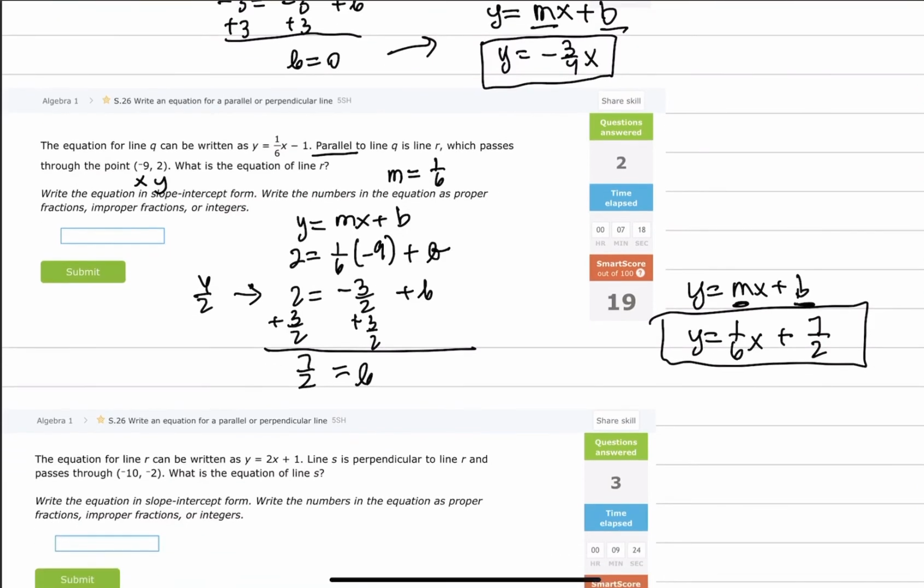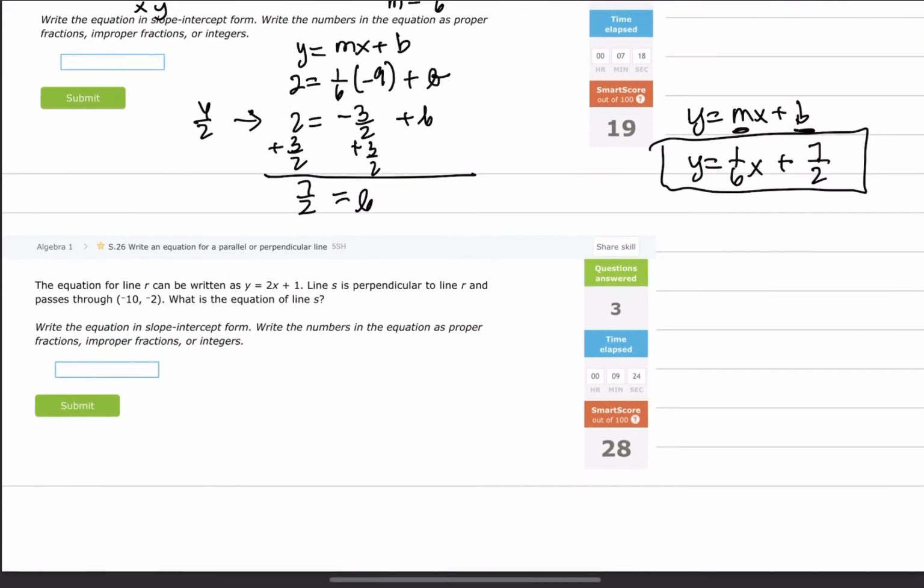Okay, and the last one. This time we're asked to find a perpendicular line, which means the slope is going to be the opposite reciprocal. This one is 2 over 1, so the opposite reciprocal of that is going to be negative 1 over 2. And then we are going to, again, plug it into y equals mx plus b.